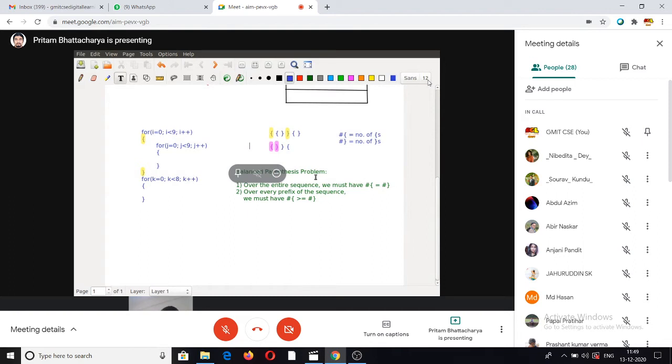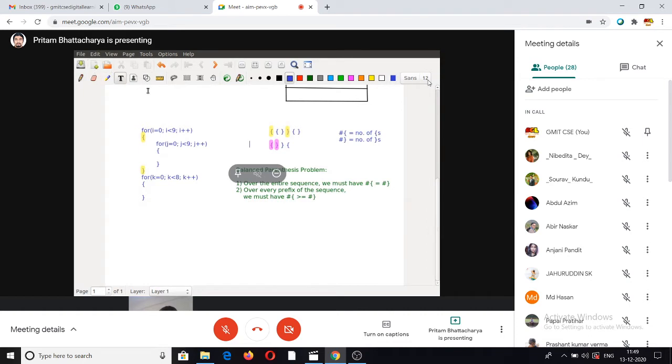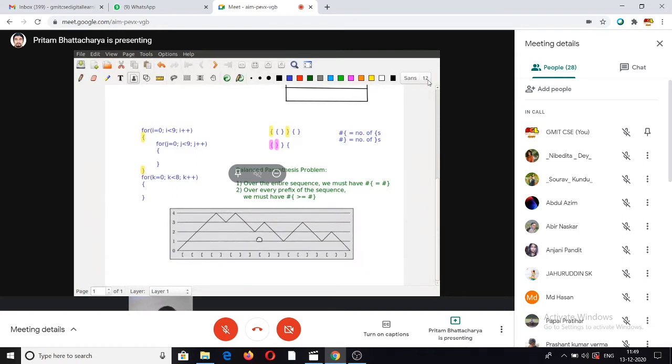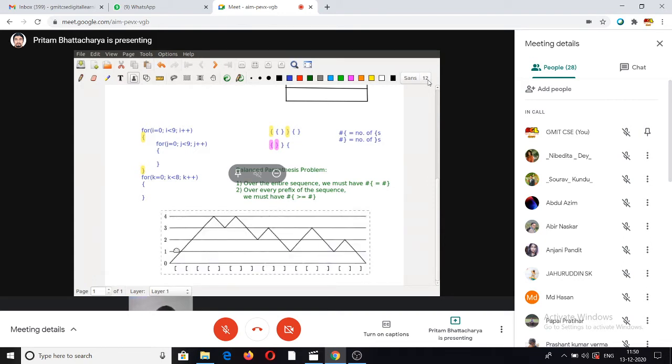There is another interesting way of looking at it, in a graphical manner. You can think of it in this way: look at the graph of the difference between opening and closing braces.